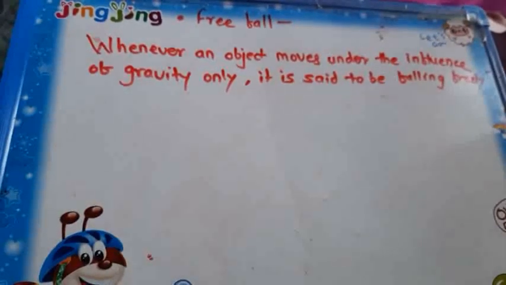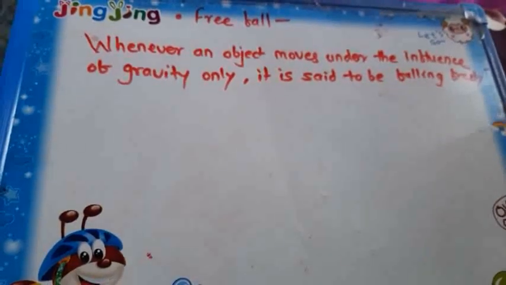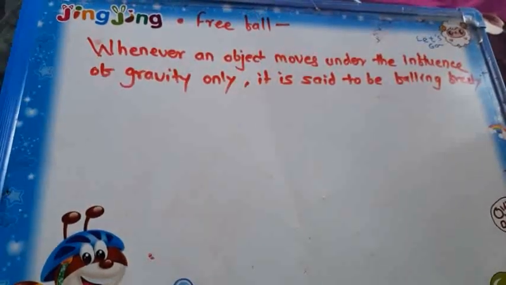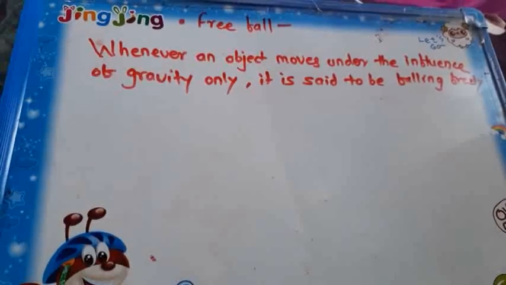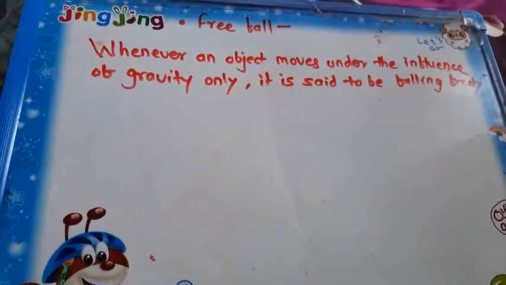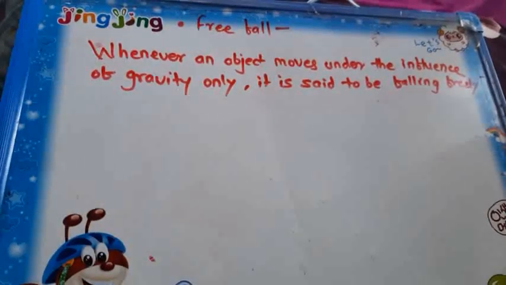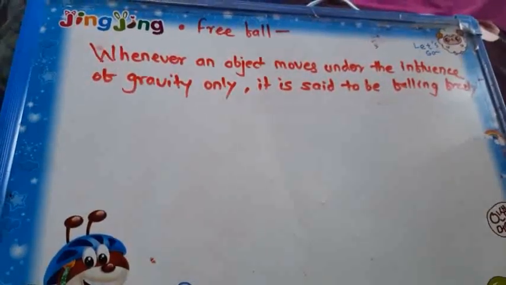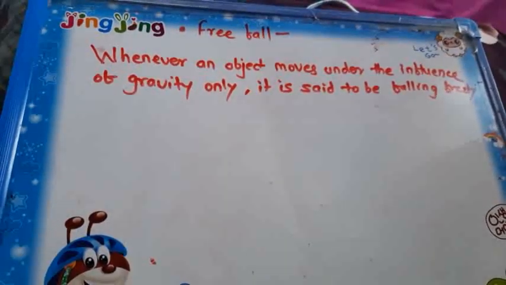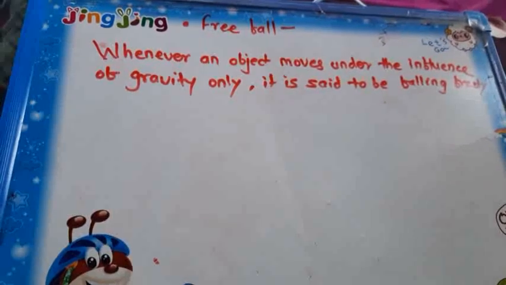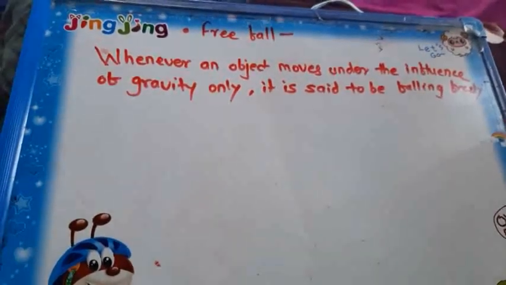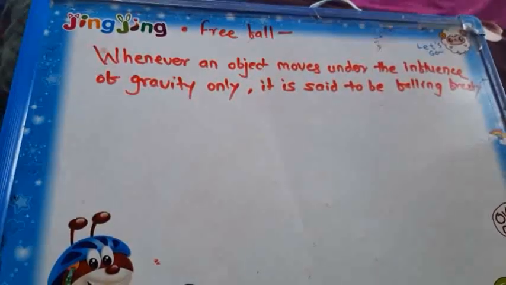Though the feather is very light and the ball was heavy, the speed of falling of both objects was the same, because here the vacuum was present, and both feather and ball were falling under only the influence of gravity. So they both were in free fall. In this way, true free fall is possible only in the presence of vacuum.